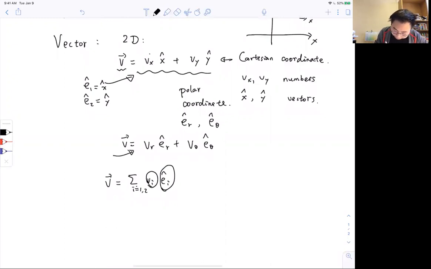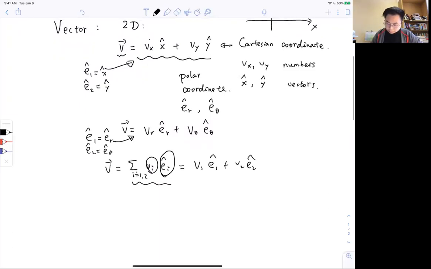And for the polar coordinates, e_1 is e_r and e_2 is e_theta. And this sum just tells you V^1 e_1 plus V^2 e_2, right? And usually we just ignore this sum symbol. So when we write a vector, we write V^i e_i.